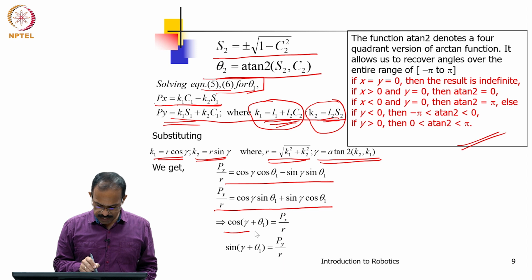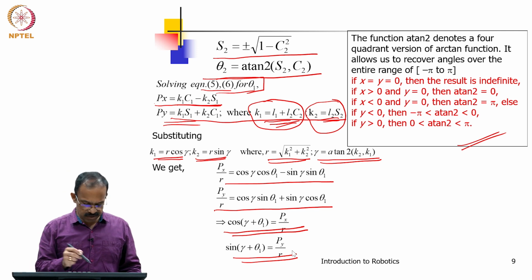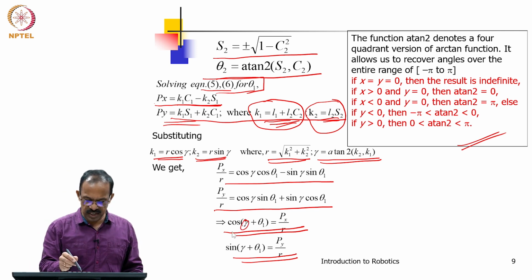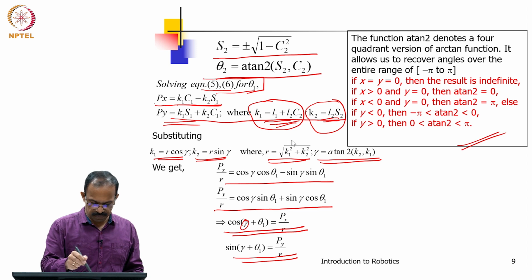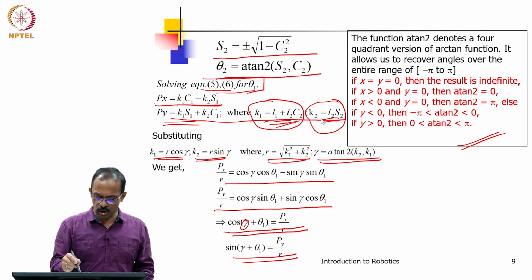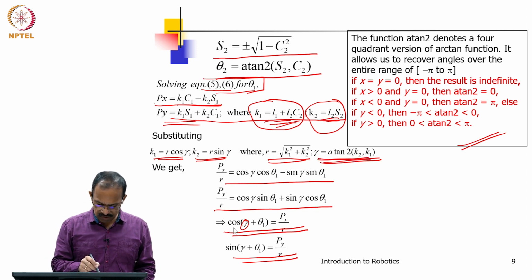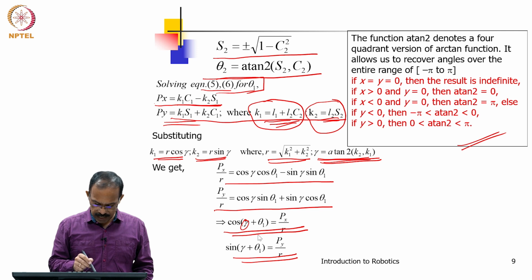From there we can get cos of gamma plus theta 1 as Px by R, and sin of gamma plus theta 1 as Py by R. Since gamma is given as A tan 2 K2 K1, and K2 and K1 are known, because K2 is L2 S2 and K1 is L1 plus L2 C2, both are known, we will be able to get gamma.